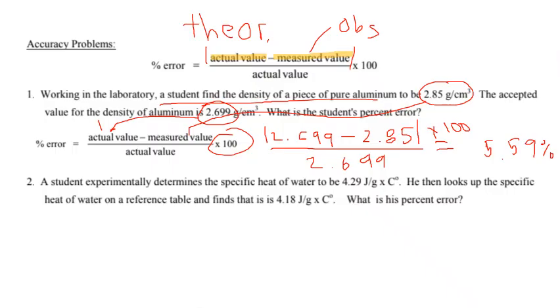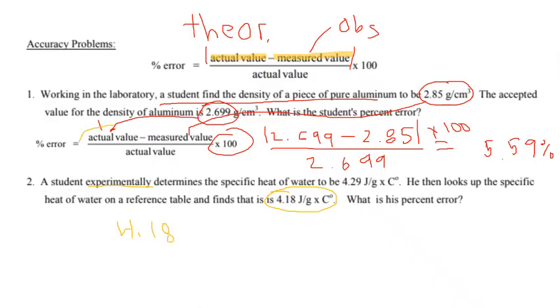Let's try another one. So we're down here and we're saying, okay, we have a student experimentally measuring 4.29. And then we look it up, and the actual value is 4.18. So again, I'm going to put 4.18 as the first thing listed.